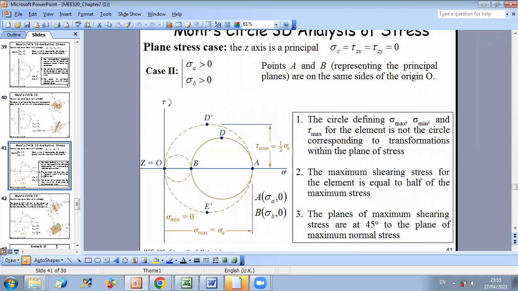Now, another particular case is also when I have a plane stress state. So Z is the third principal axis, but now instead of having A and B on opposite sides of O, A and B are on the same side of O. So as you can see here, let's say sigma A is positive and sigma B is positive.